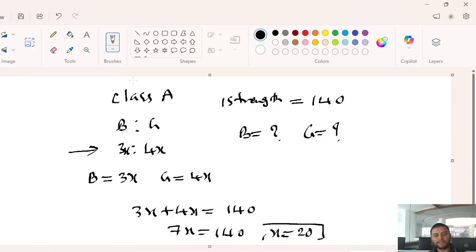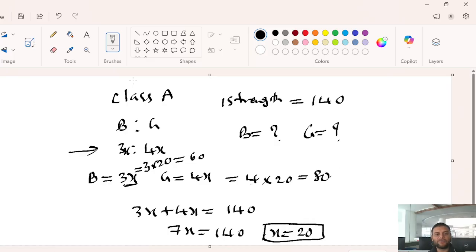After finding the x value, friends, we say how many boys and how many girls there are. Boys is 3 into 20, so 60 boys are there, and girls will be 4 into 20, so we will have 80 girls. Total 80 plus 60 is equal to 140.